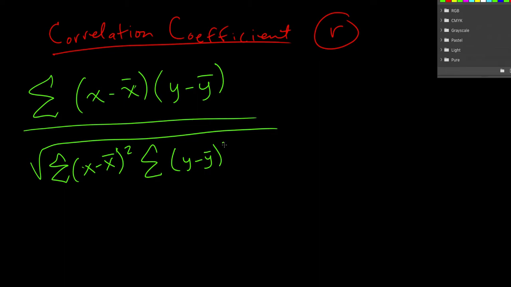All right, so this is a big formula, and this is equal to R. We're not going to do this by hand though, so don't worry. Just understanding what it is, is the most important thing.